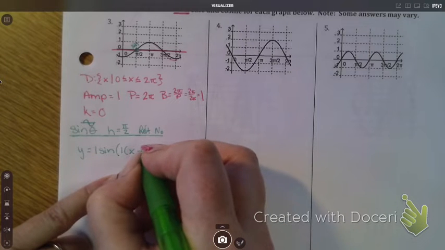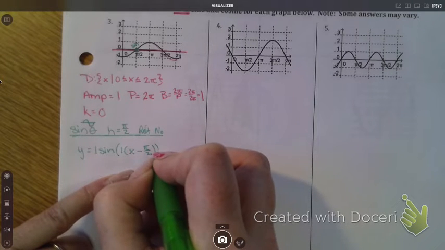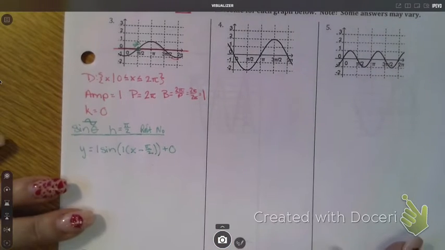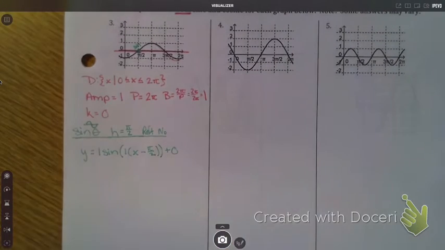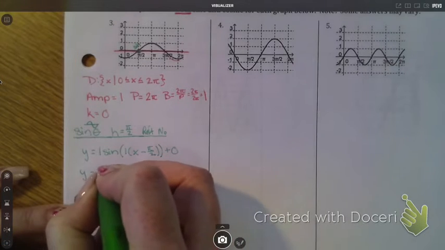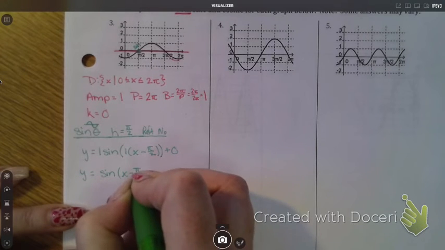H is pi over 2, plus k. Now, I would expect by next week sometime you're not writing a 1 there and you're not writing a plus 0, but I'm going to show it all to you. Then we distribute our 1 every time. You distribute whatever your b is. So the sine is going to be y equals sine of x minus pi over 2.